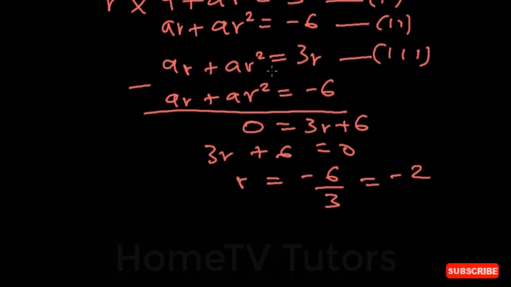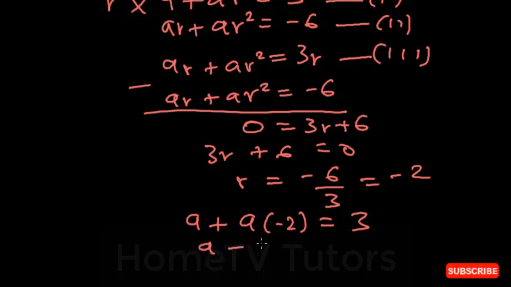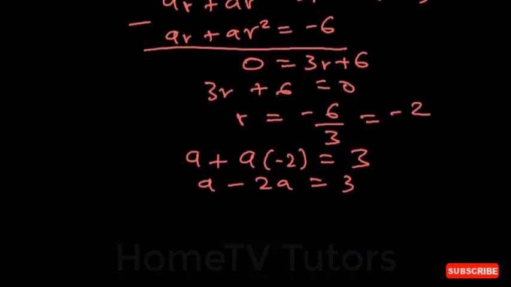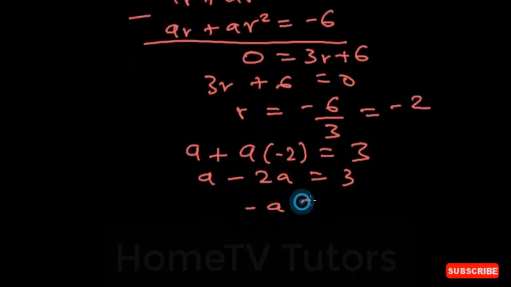We substitute that in equation 1. A plus A bracket minus 2 equals 3. So we have A minus 2A equals 3, which gives us minus A equals 3.